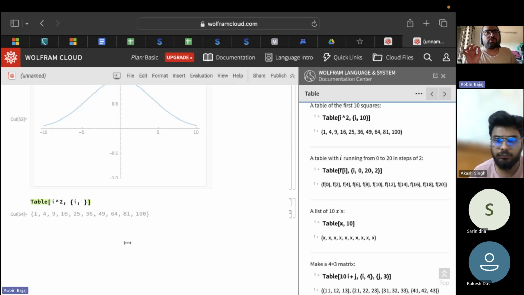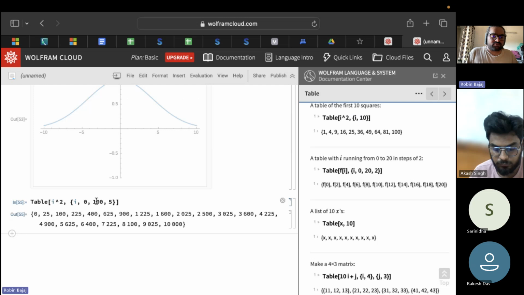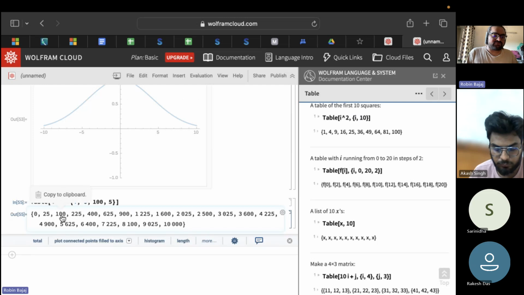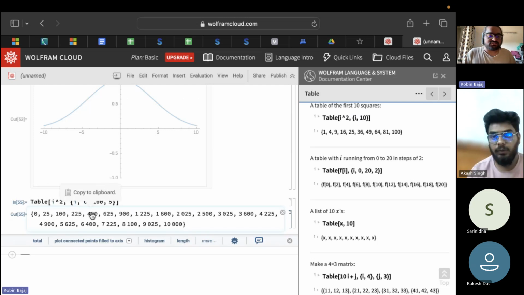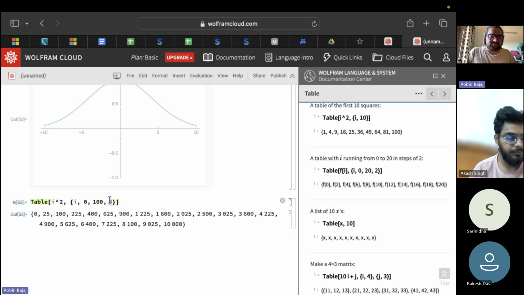So 0 to 100 in a gap of 5. It will give me the squares of all those numbers. First is 5 squared, then 10 squared, then 15 squared, then 20 squared. So this is equivalent to numpy.arange.